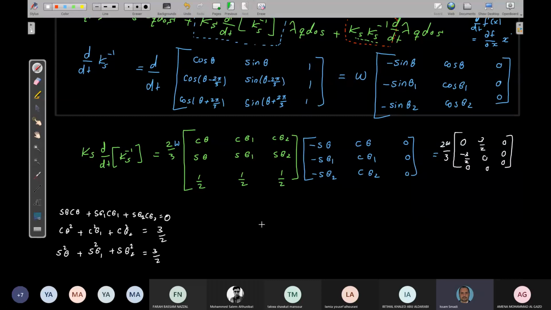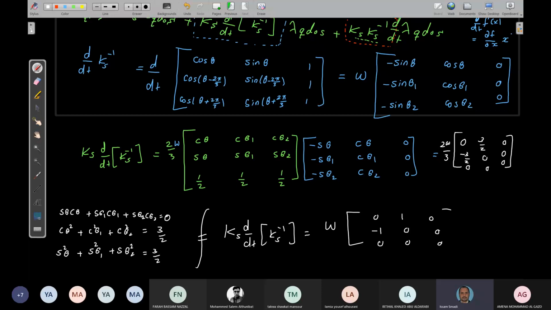So the resultant in the end of the day for this term, K_s d by dt of K_s inverse, is equal to omega multiplied by the matrix 0, 1, 0, minus 1, 0, 0, 0, 0, 0. Correct.